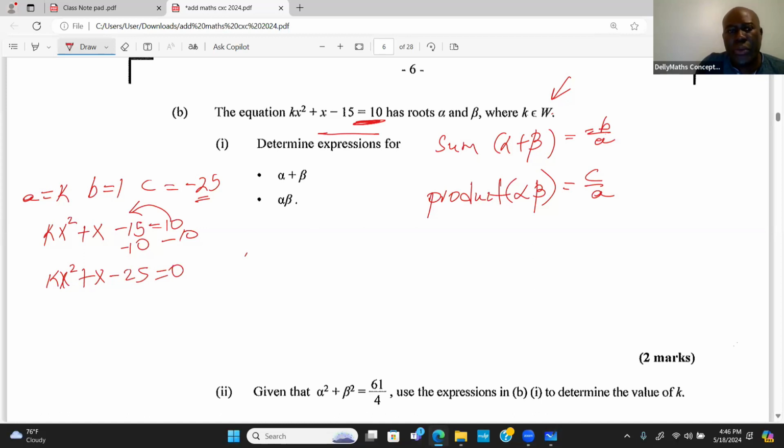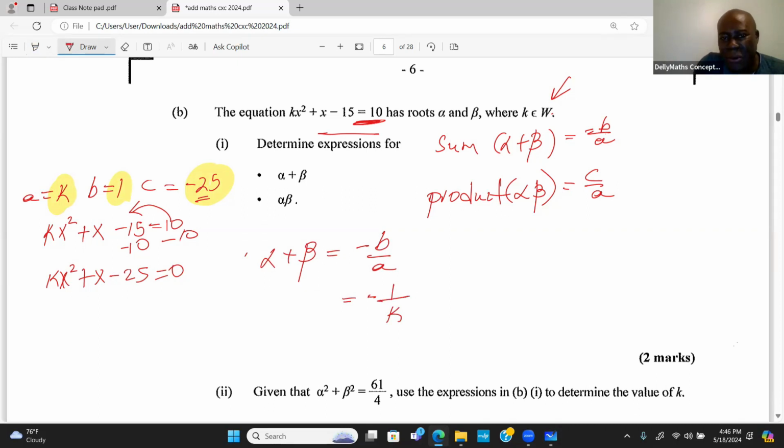With that said, a is equal to k, b is equal to 1, c is equal to negative 25, and then we represent it. We want to write the expression for the sum, which is alpha plus beta. As we said, it is minus b over a. In this context, minus b is minus 1, over a, and a is k.